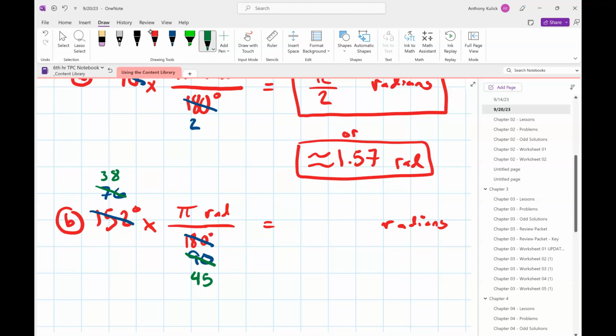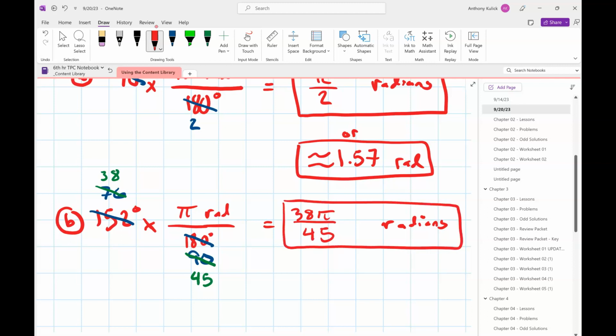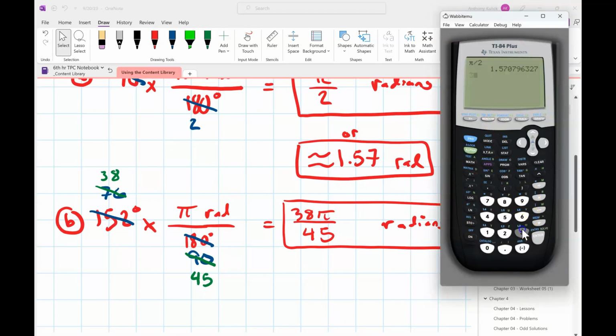How about now? I think that's probably as good as we can go, right? So that's going to be 38 pi over 45. Or if you wanted to, you could type this into the calculator if it seemed more appropriate to have a decimal.